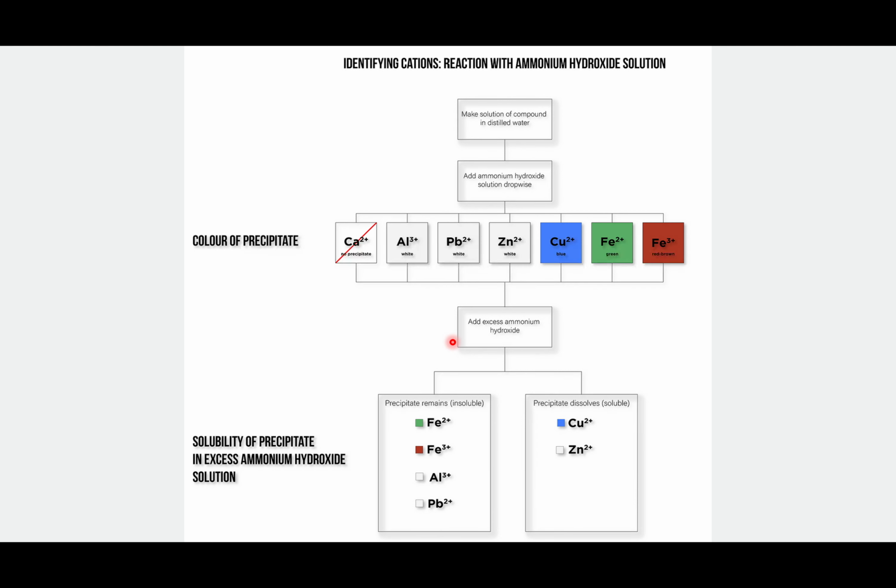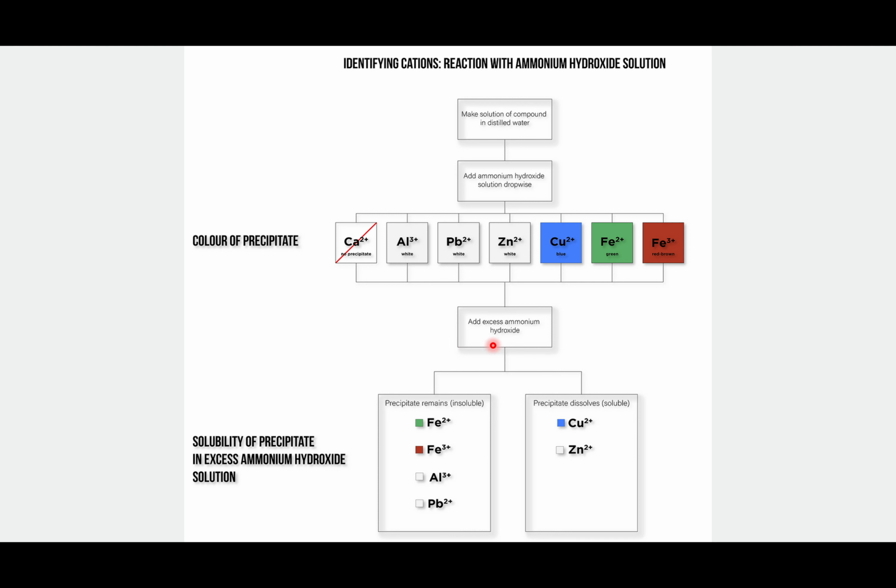Then we're going to have precipitates forming with our aluminum, lead, zinc, copper, and iron. And we know the different colors of our transition metal complexes. Our hexaamminecopper will be blue. Our iron(II) and iron(III) complexes will be green and red respectively.